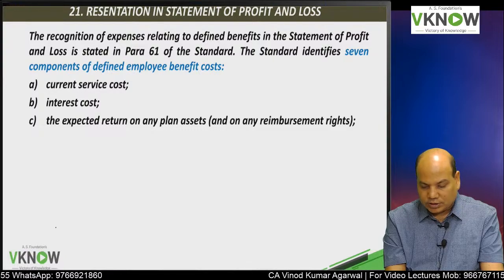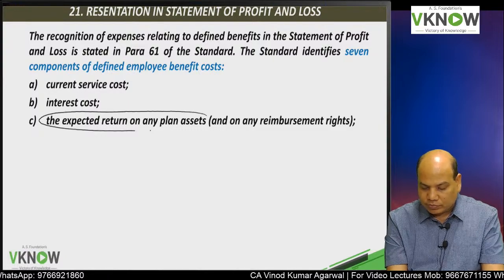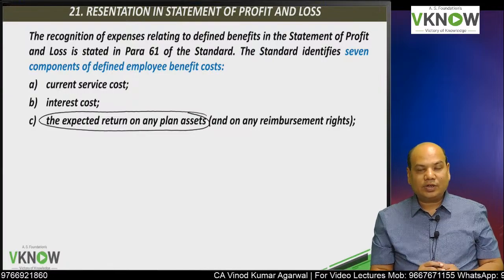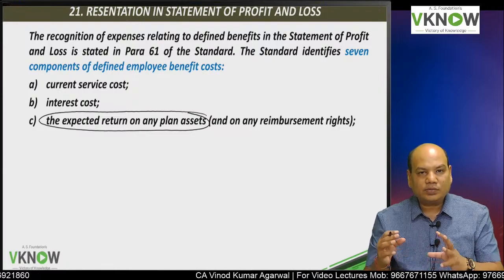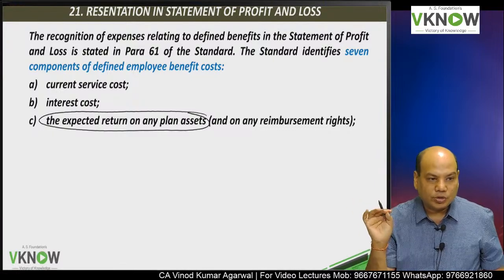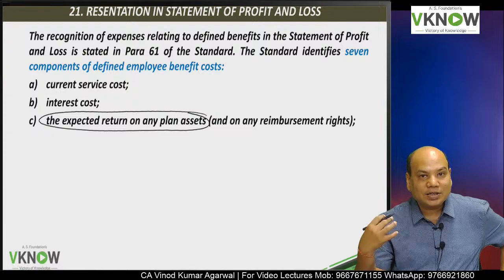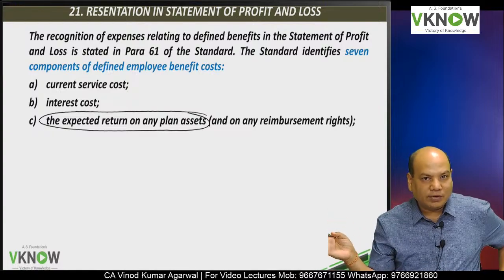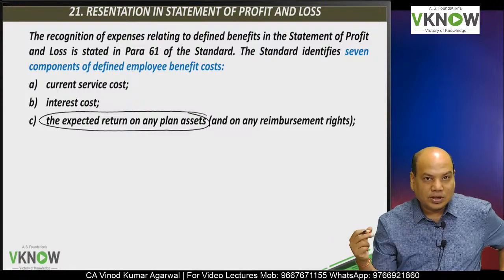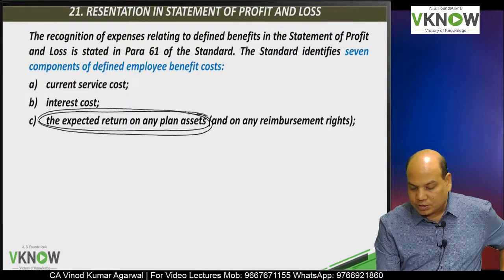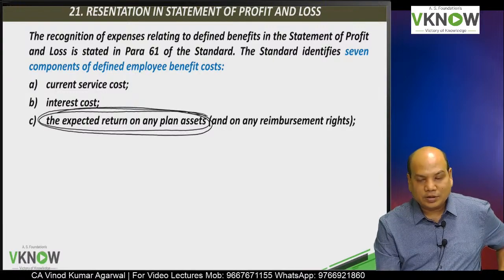Now what is this item? We have to explain this also. If you have made investment in plan asset, that is the funds that you have invested for settlement of employees' dues, that fund will generate some income. If you have invested in some sinking fund, don't you think they will generate some income? So you are going to record here expected return on plan asset also.